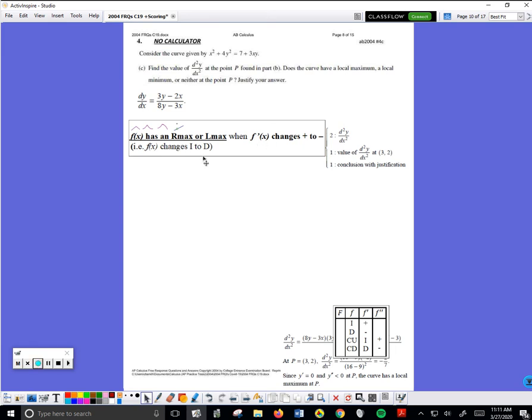But all I know is that at point P, slope of curve, it's always better to write than just think, is 0. So that means the curve could look like this, or like this, or like this, or perhaps like this. I'm supposed to figure out which.